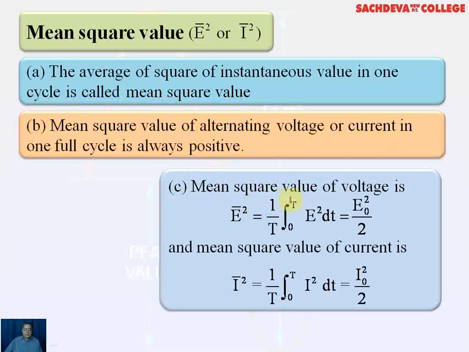The mean square value of the voltage is given by E bar square equals 1 over T, integrating the limits from 0 to T, E square dt, and that will become E naught square by 2. That is the square of the peak value divided by 2. The same explanation holds for the mean square value of current, which is found to be I naught square by 2, that is the square of the peak value divided by 2.